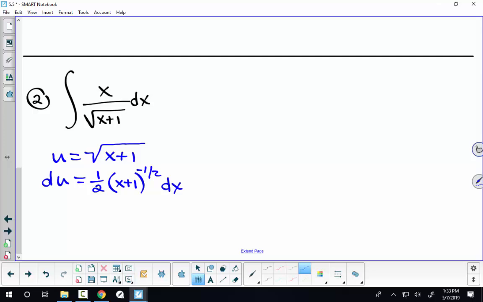And I've already accounted for all of this as my u. So even though taking the derivative gives me this dx that I need to account for, notice it adds all of this other stuff that I don't have in the integral. It would be super hard to account for that. I could multiply both sides by 2 and say 2 du is 1 over the root of x plus 1, but that doesn't really give me any more information, right? I've already accounted for 1 over the square root of x plus 1.